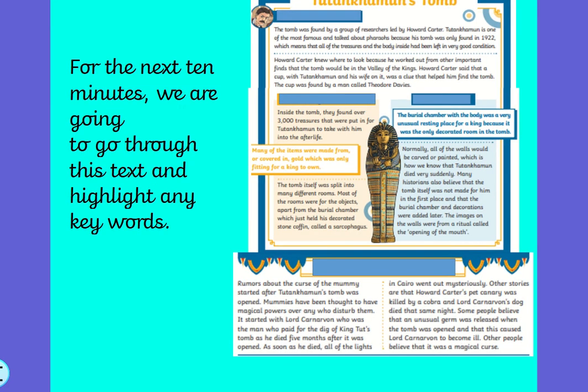Okay, so welcome back. I'm sure you have highlighted lots and lots of lovely important information there. Definitely things like tomb found, researchers, Howard Carter. Tomb was found in 1922, all important.